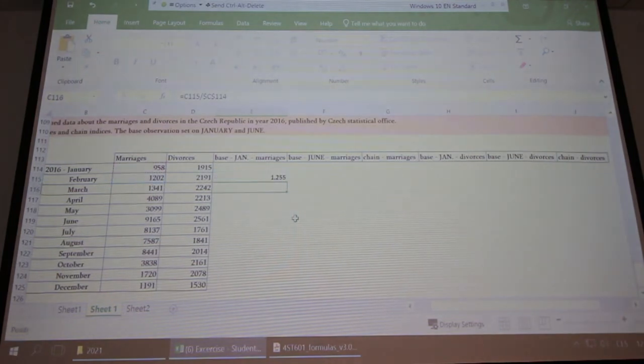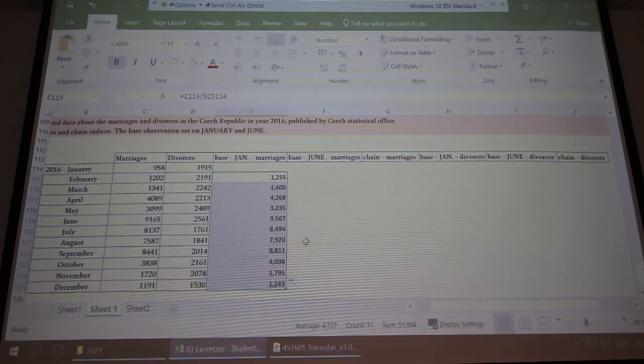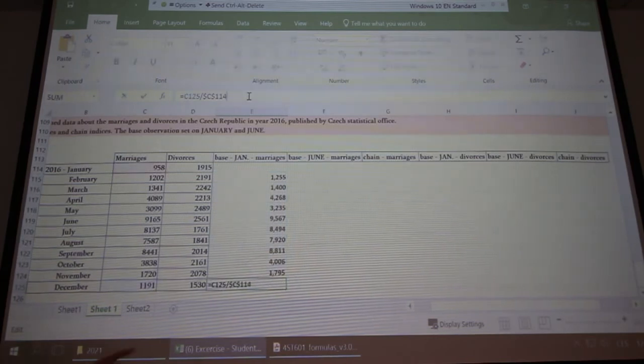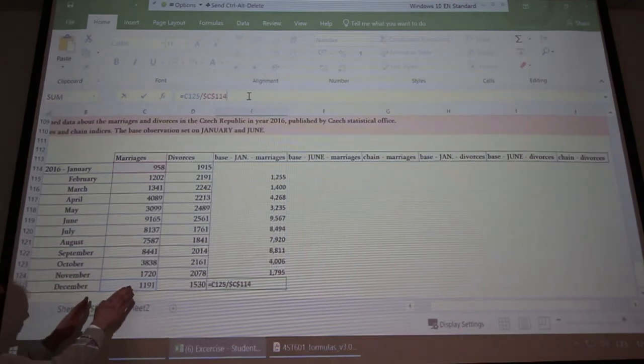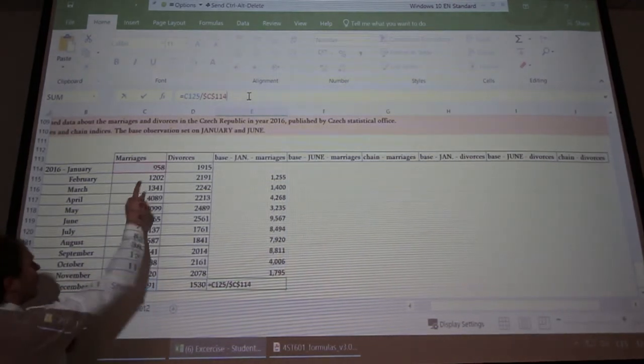And if you click enter, you can copy these calculations to the end, and you can see that on the last position is calculated a ratio between this December and January.